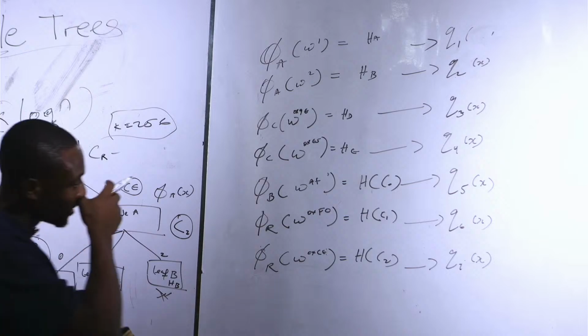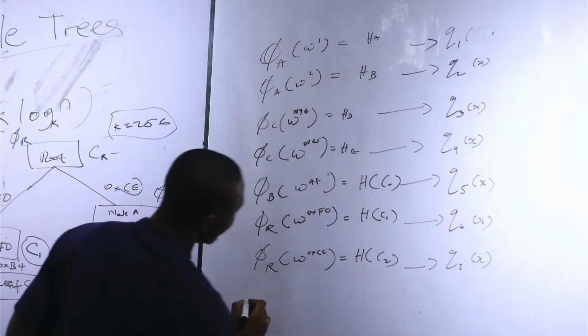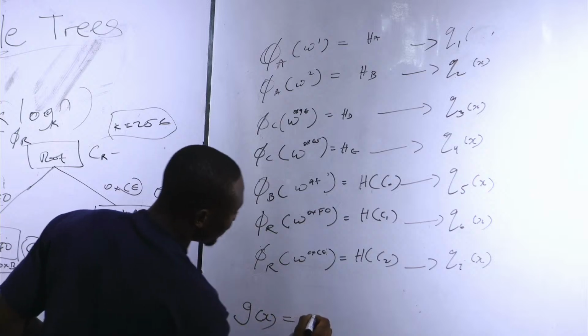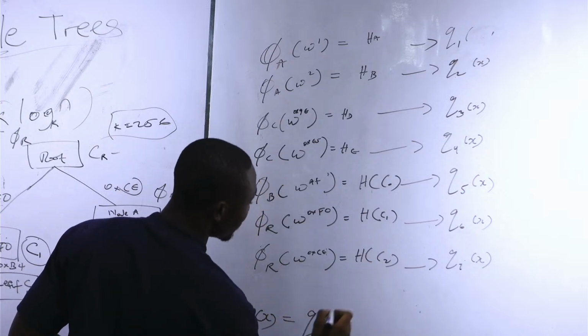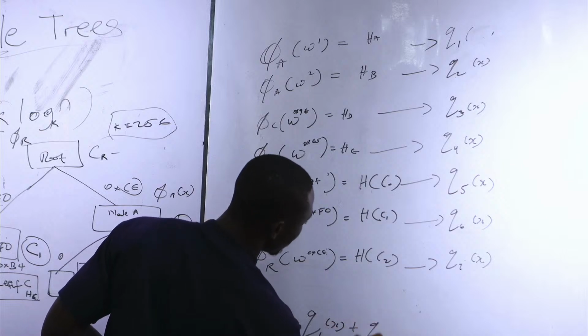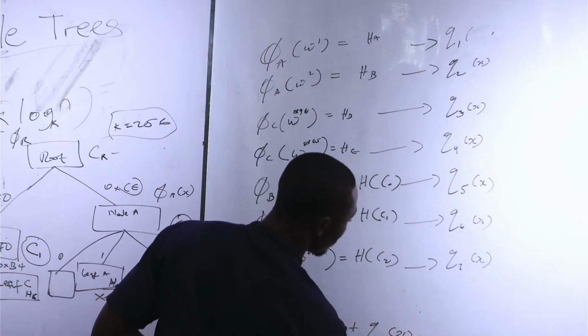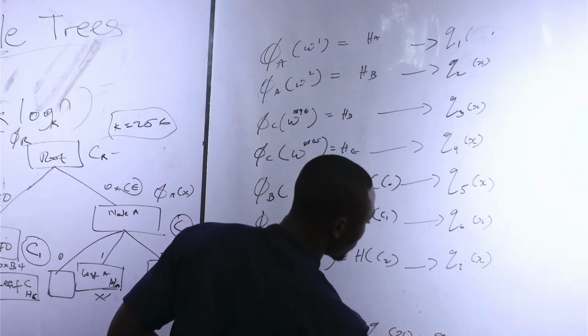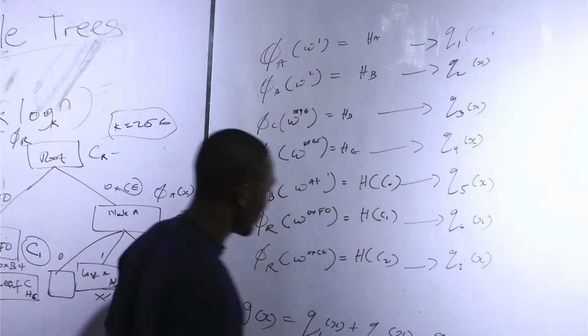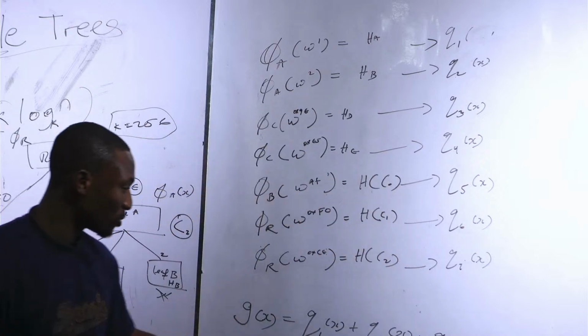So if we now have a new polynomial, we call it g of x, that is the sum of all these quotients, Q1 x plus Q2 x, and so on.